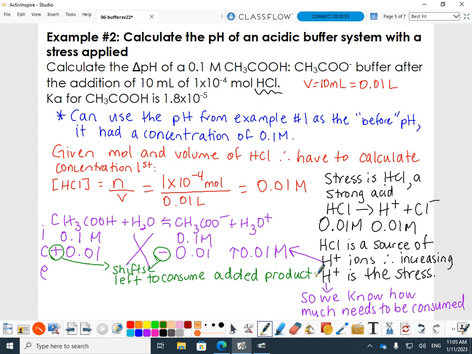If you calculate the concentration wrong and you don't get a number that's smaller, then go back and fix it, okay? Because just like last time, we don't want a negative. So 0.1 minus 0.01 is 0.09, and 0.1 plus 0.01 is 0.11.